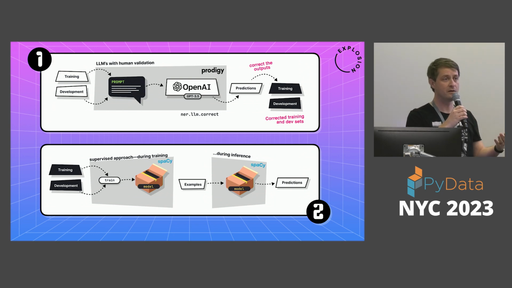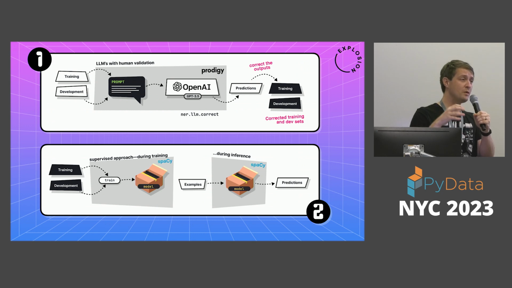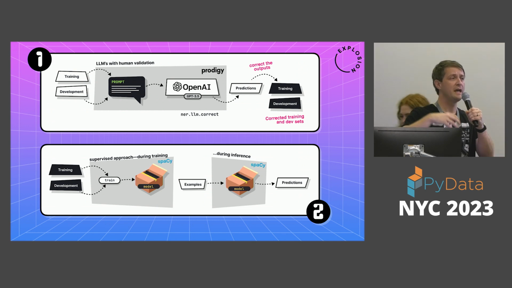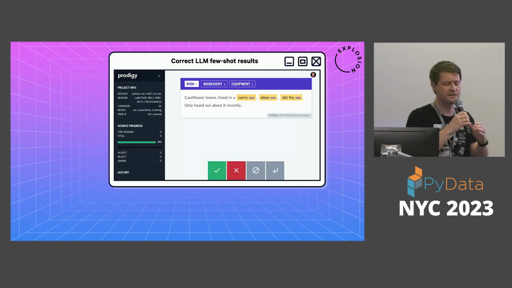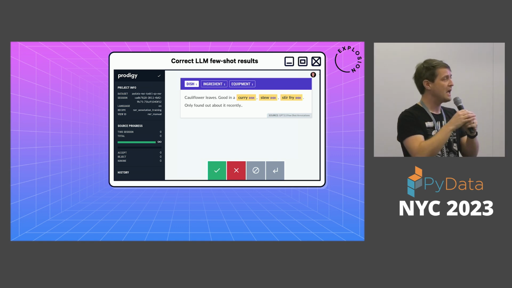Prodigy itself, as Ines had said, is a Python library for fast, efficient data annotation. So for today's workshop, what we actually want to do is start to use our software as a service platform called Prodigy Teams.